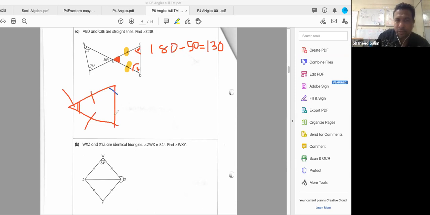This one and this one are the same. The sandwich angle is the different angle. The other two angles are the same. So 180 minus 50 is 130. 130 divided by 2, because they are the same, you get 65.